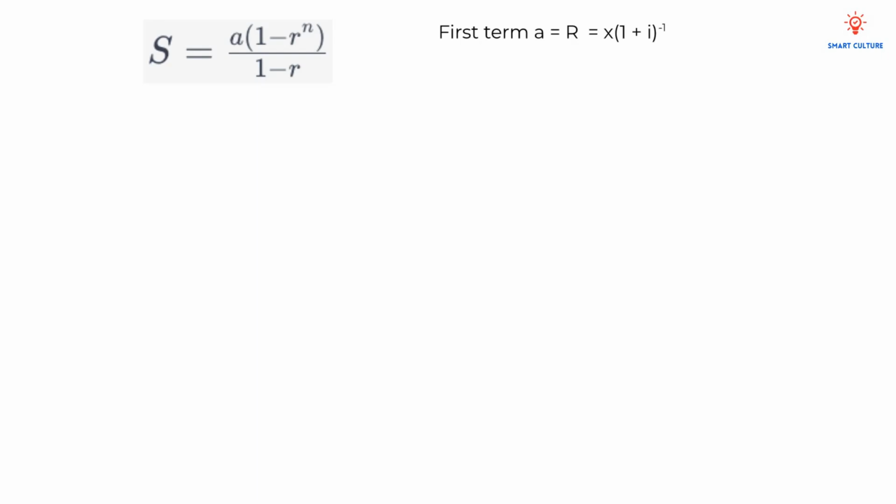So in a present value annuity context where you want to express the first payment as a discounted value of some future payment X, then R can also be written as X multiplied by (1 plus I) to the negative 1.